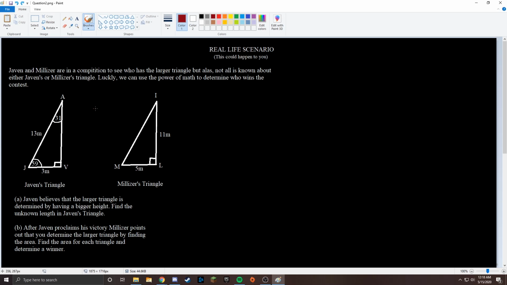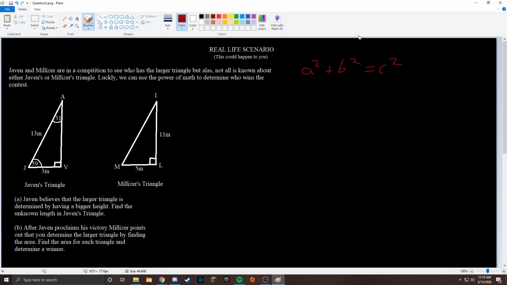Alright, so because we have right triangles, that allows us to use the Pythagorean theorem. A squared plus b squared equals c squared. Alright, it's one of my favorites.